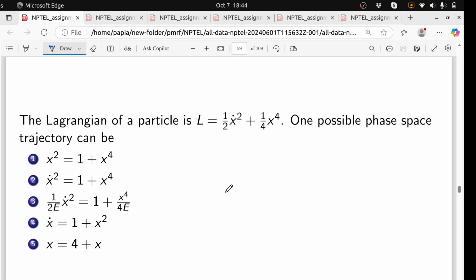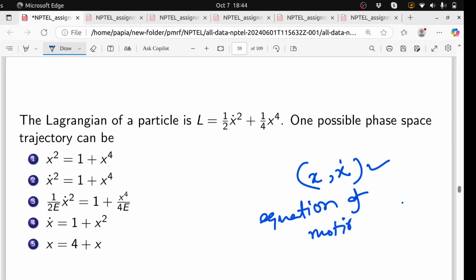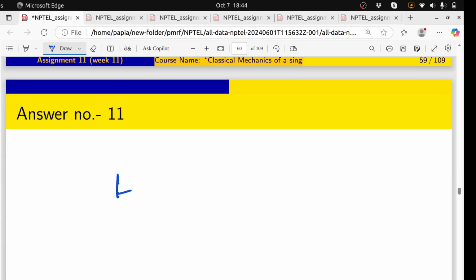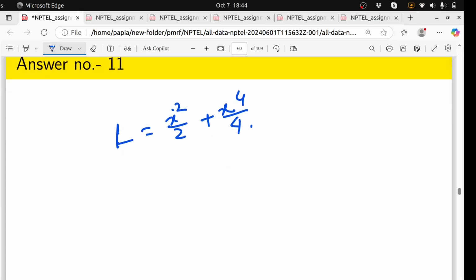So the Lagrangian is given and we need to calculate what will be the possible phase space trajectory. And phase space trajectory means, in the x and x dot plane, what will be the equation of motion. Okay, now coming to the Lagrangian here. The Lagrangian is x dot square by 2 plus x to the power 4 by 4. First of all, we need to check the EL equation, the Euler-Lagrange equation.